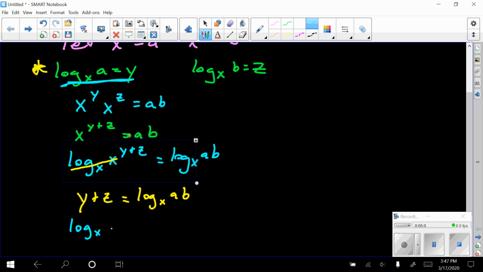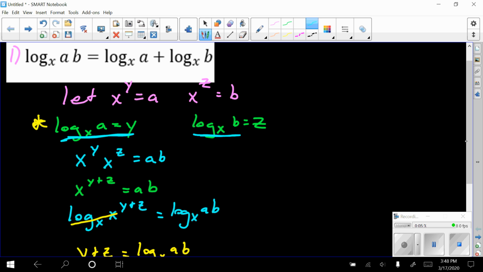Log base x of a plus z we said was the same thing as log base x of b, and substitute that in, equals log base x of a times b. And you can see just how that works out to play, that when I have multiplication, it can be separated into addition. That is your property. Also what we had at the very top.